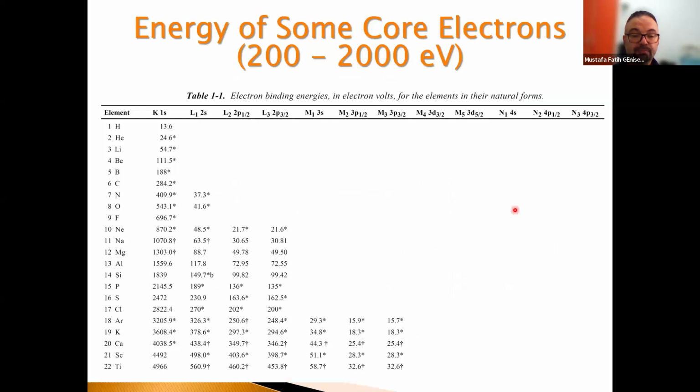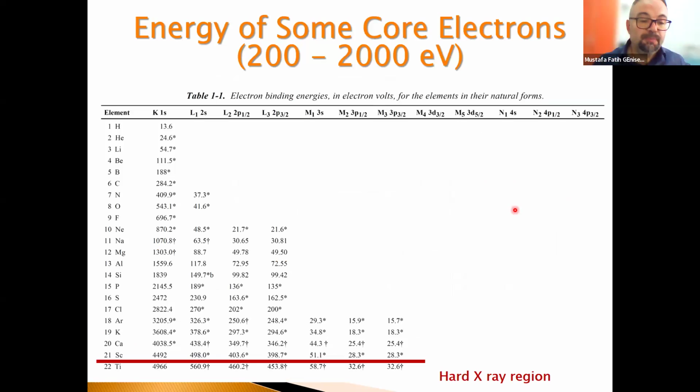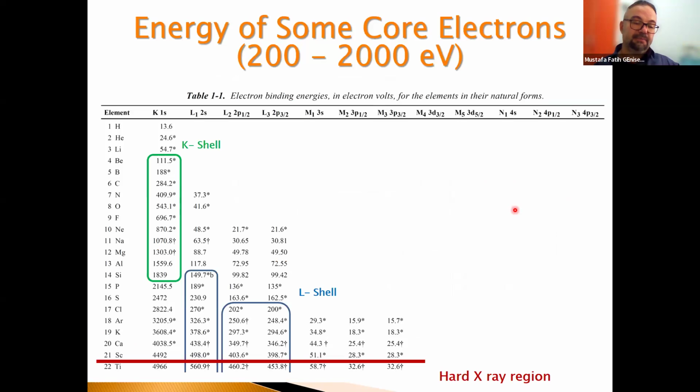At the end, we have an end station. As I mentioned before, the soft X-ray end station deals with low Z materials. When we look carefully, carbon, nitrogen, oxygen, and argon are in the soft X-ray regime. Why is it important?